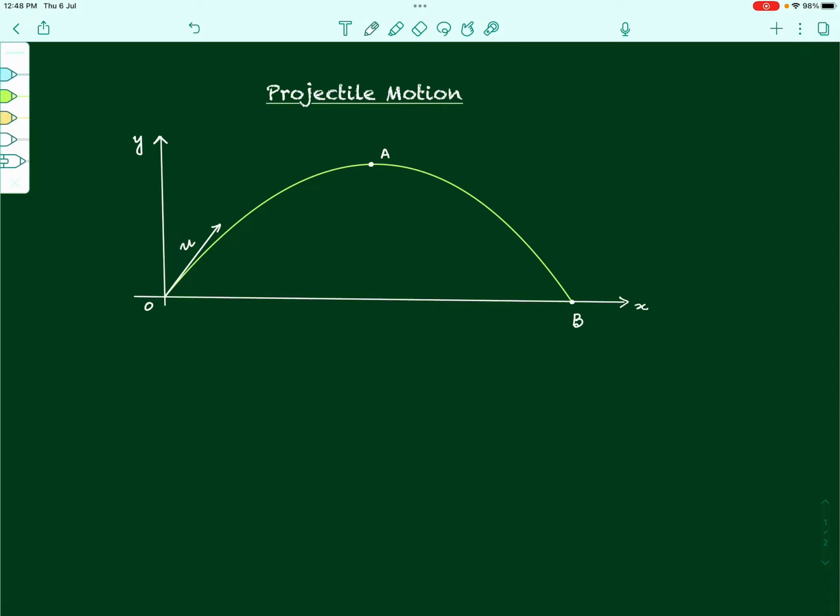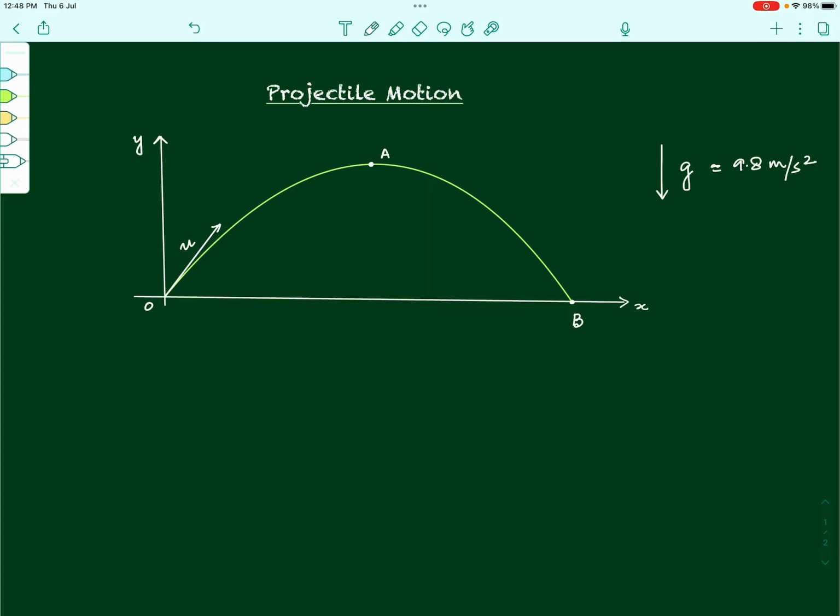So, in case we assume that the air resistance throughout the motion of the particle is absent, then the only force that acts on the particle throughout its motion will be the earth's gravity, mg, that acts in the vertically downward direction, due to which the acceleration of such a particle is always in the downward direction and has a constant value g, which we know is equal to 9.8 meters per second squared, and this remains constant throughout.